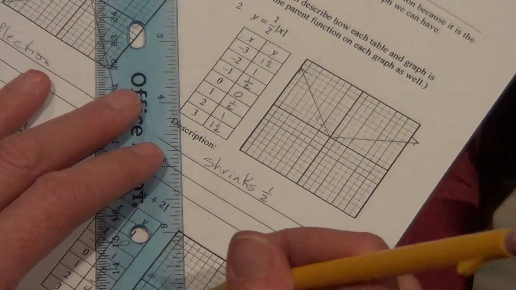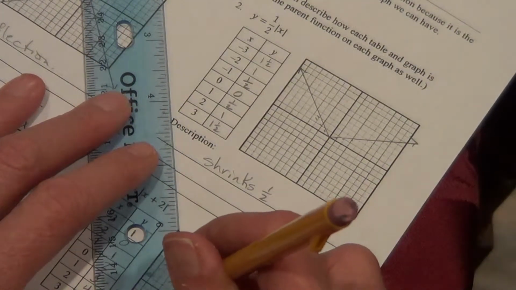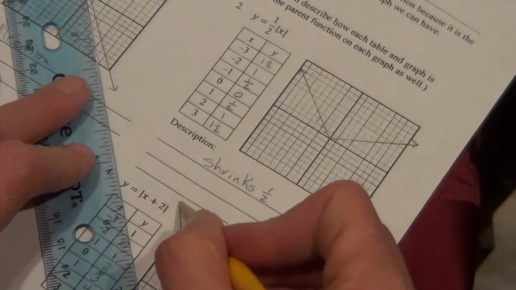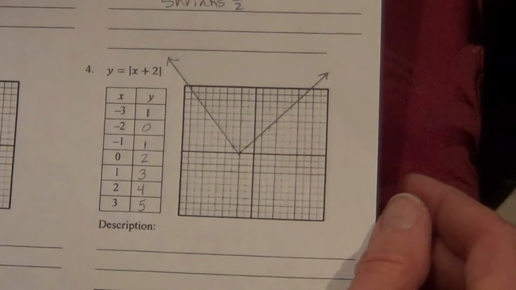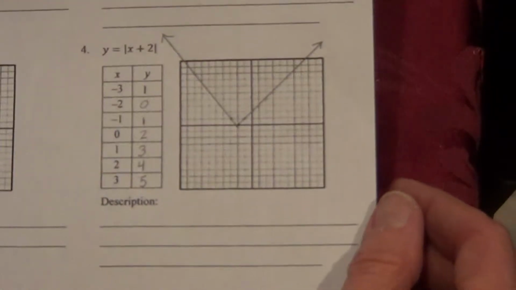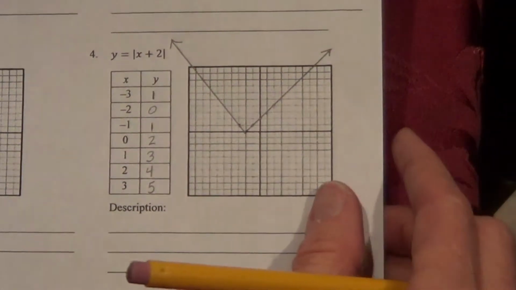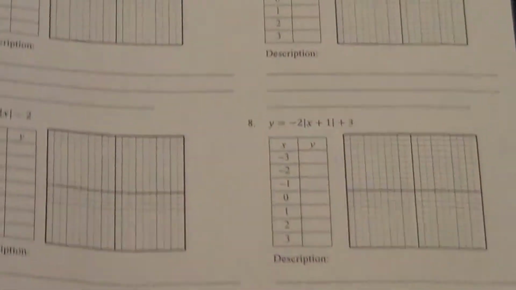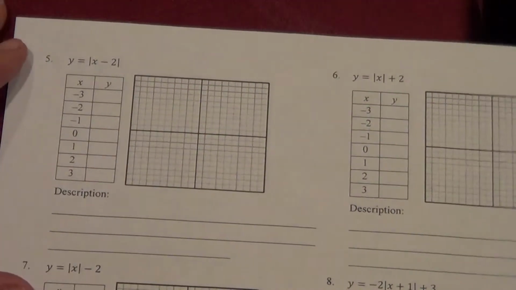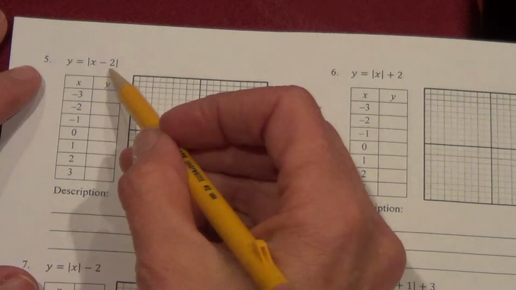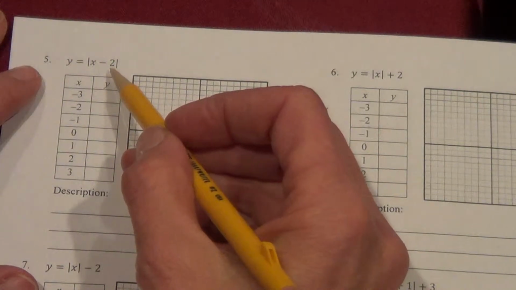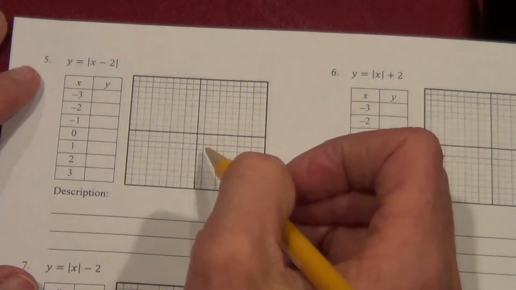If you wanted to plug in points, you could to verify that it goes out this way. So that's what we're seeing with the absolute value with the plus 2 on the h value. I'm sorry, that was an h value that we were looking at a minute ago on number 4.